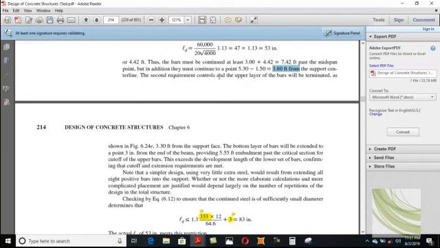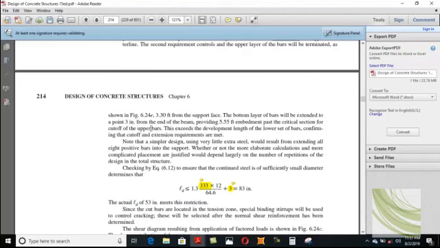The second requirement controls and the upper layer of the bars will be terminated as shown in the figure, 3.30 feet from the support face. Okay, 3.30. The bottom layer of bars will be extended to a point 3 inch from the end of the beam, providing 5.55 feet.